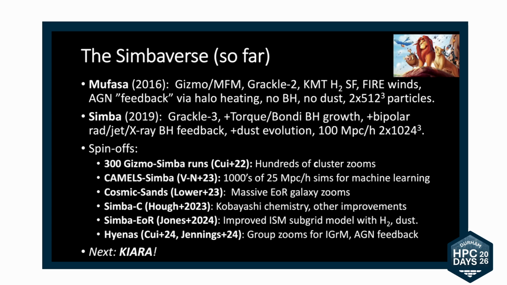The point I wanted to make is that something like Simba, not even one of the biggest simulation groups out there, has already had hundreds of papers produced with these simulation models and all its various galaxy formation spin-offs, or fan fiction, as I like to call it. What this means is that you can use these simulations for a huge number of different purposes, and that's why we do these. You have to create these big simulations in order to do that.